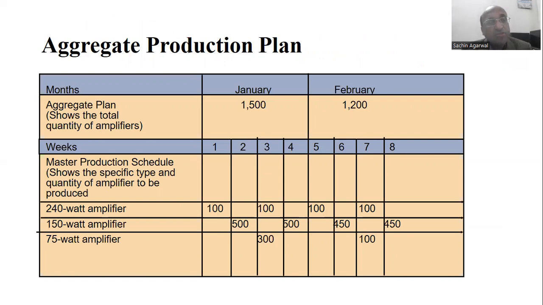In January, 15,000 quantities of amplifiers are required. Then what is MPS? MPS is the weekly plan: in the first week, second week, third week, how many 240 watt amplifiers are produced, how many 140 watt amplifiers are required, and how many 70 watt amplifiers are required in the month of January or February in the specific week. So we can say that the master production schedule simplifies our problem.